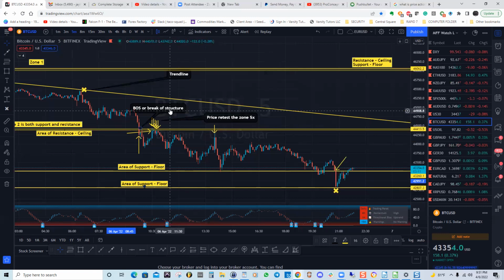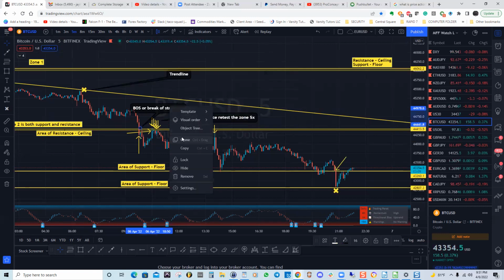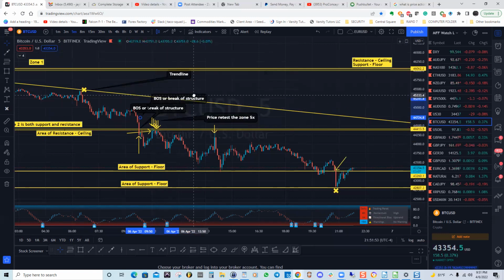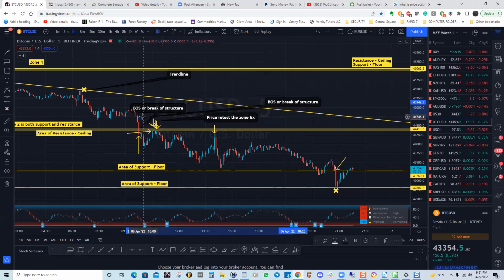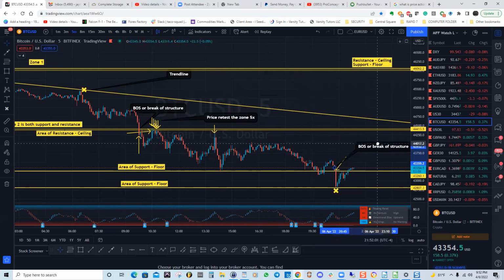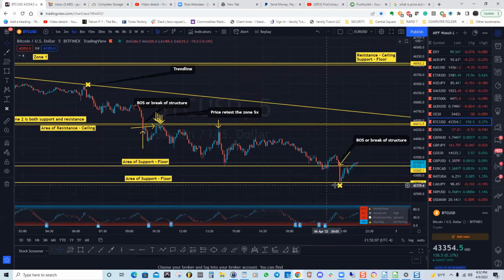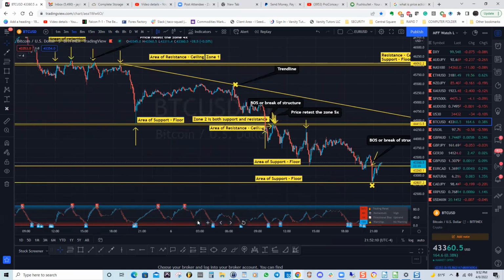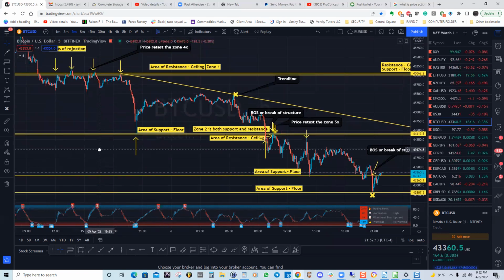So this is a break of structure, and the indicator uses a break of structure, which I'm going to show you in a minute. So that's my break of structure, this candle right here. And why did it break structure? Because it broke through this support floor, and the price came down here. So that's kind of the price action breakdown of what we see right here.